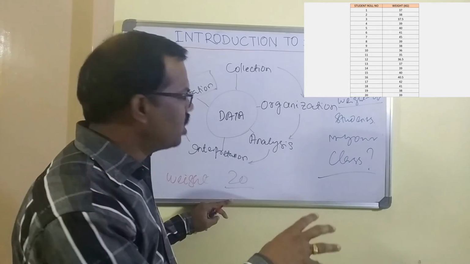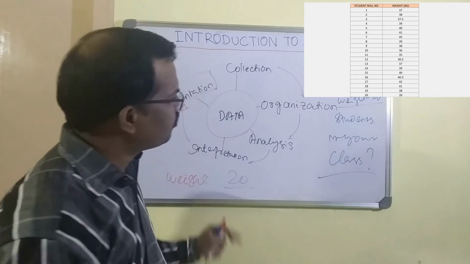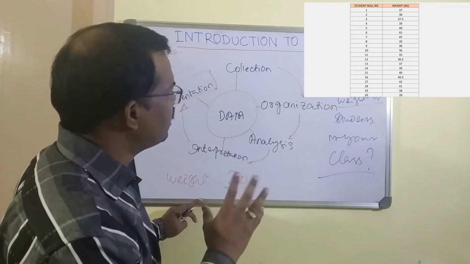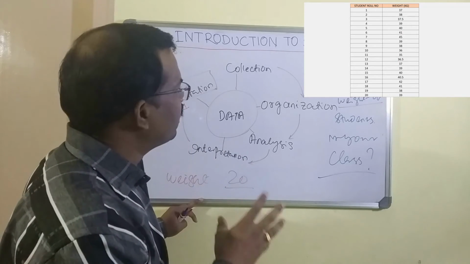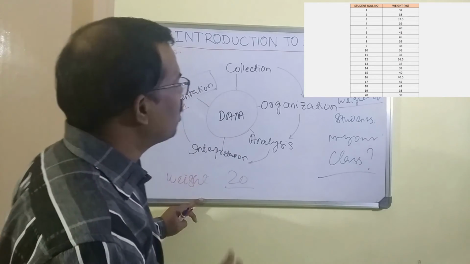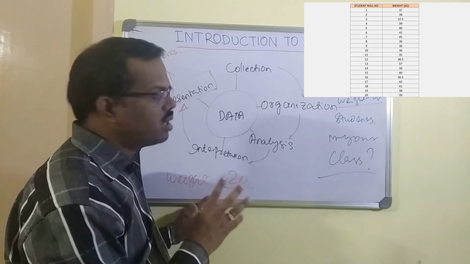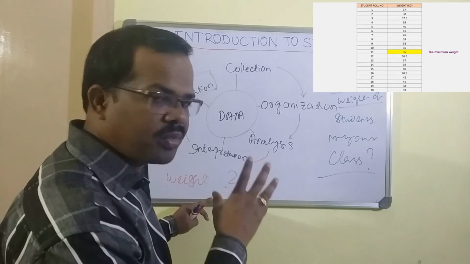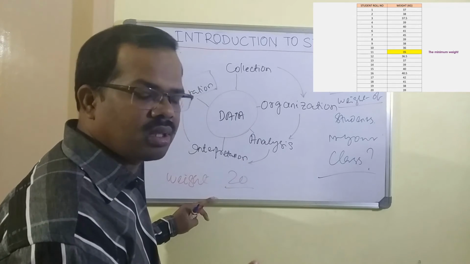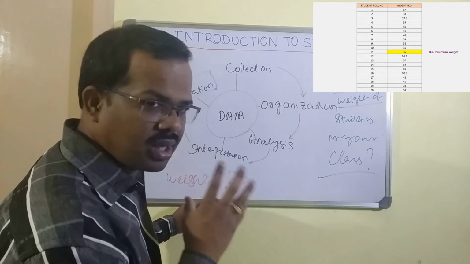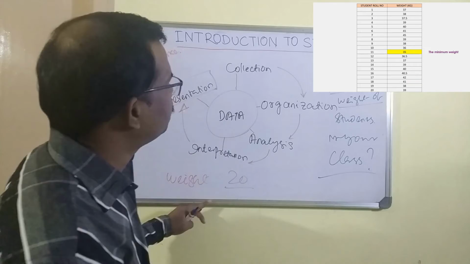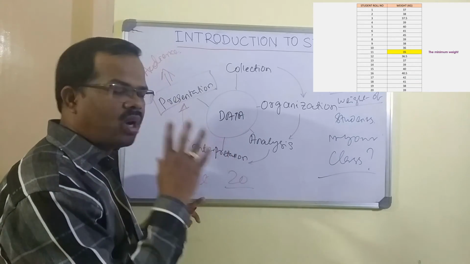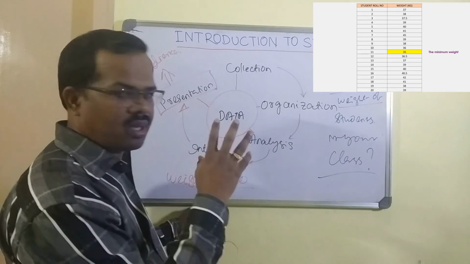Now we will go to organizing the data. Now I am going to organize this data in an ascending order. You can also do it in a descending manner. So when I say ascending manner, I am going to keep the minimum weight at the top and then I will start in an increasing order. So I will go and figure out what the minimum weight is over here.